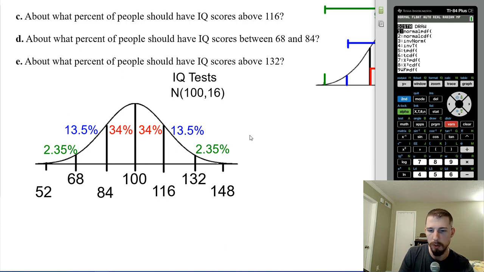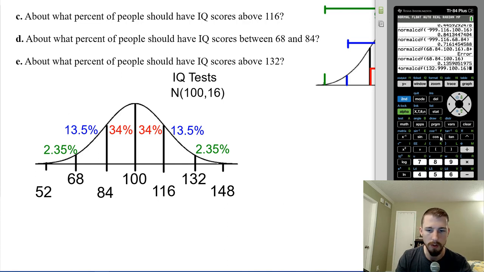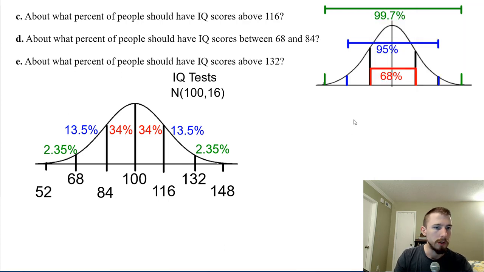So there should be 2.5%, but we'll get the value from here. So we're going to go a lower bound 132, upper bound 999, whatever, and should be close to, as we said, about 2.5%. Okay, so apparently it's smaller than that. I'm not sure quite what I did wrong. Oh, it's because these are estimates and they're not exact. Okay, that's fine.